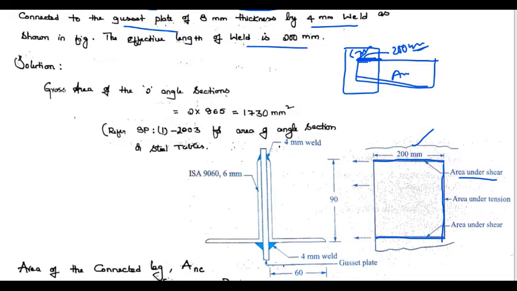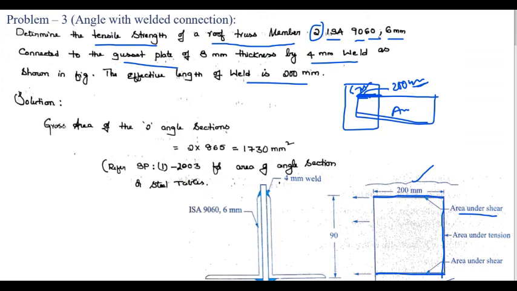Okay, so let me just go through this calculation. So he is asking to find out what is the tensile strength of the section given this section, right? So you know that tensile strength of a section is the least of the three strengths of the section.